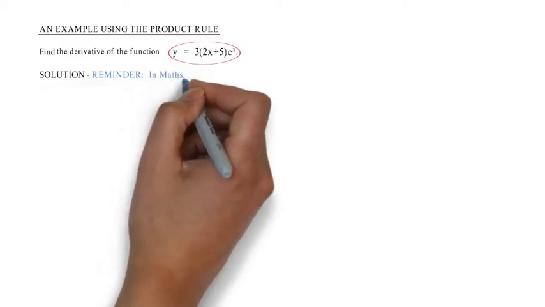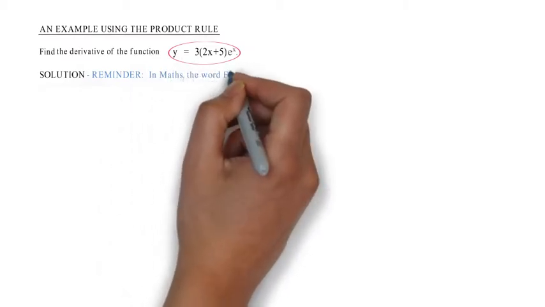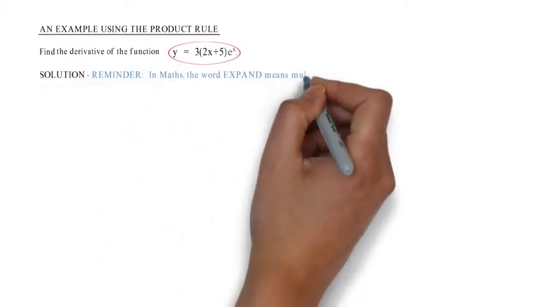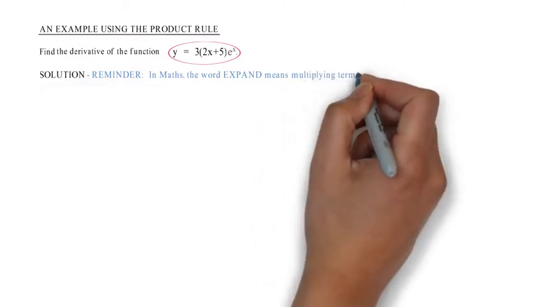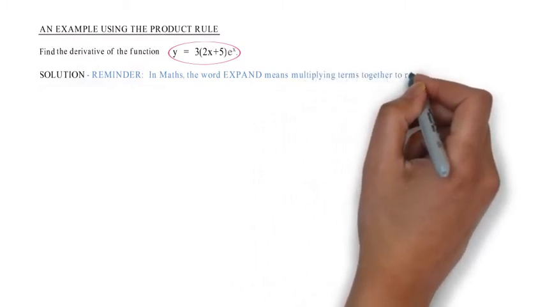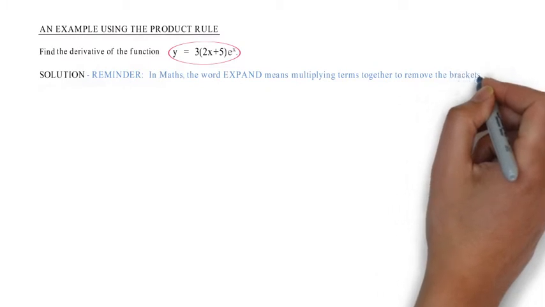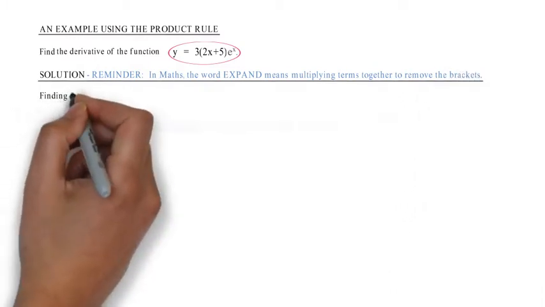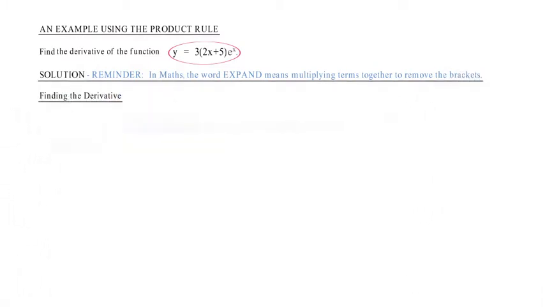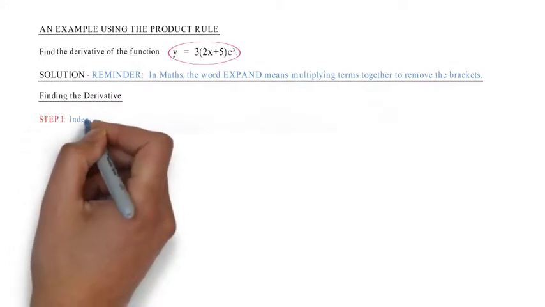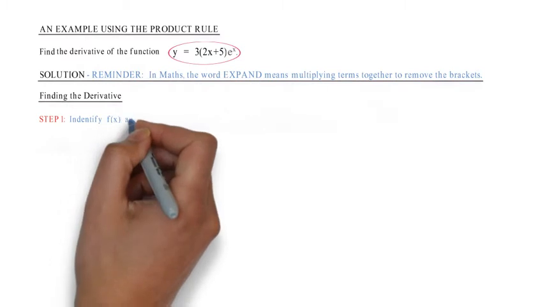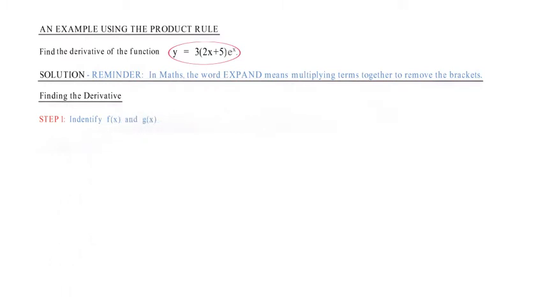In maths, the word expand means multiplying terms together to remove the brackets. Finding the derivative. Step 1. Identify f(x) and g(x).